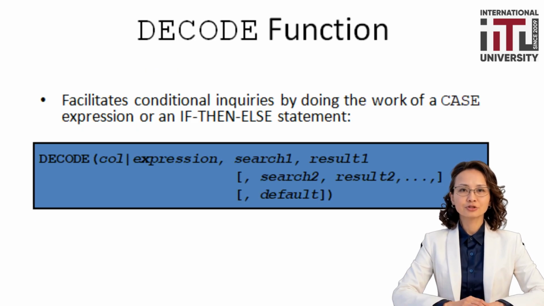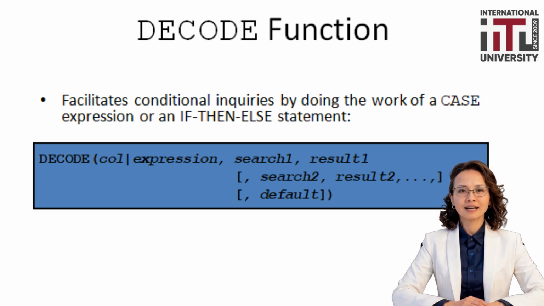This slide introduces the decode function, which is another way to implement conditional logic directly in SQL. The decode function works similarly to a case expression or an if-then-else statement, but it uses a more compact, Oracle-specific syntax. It compares a given expression with a list of possible values and returns the corresponding result when a match is found.